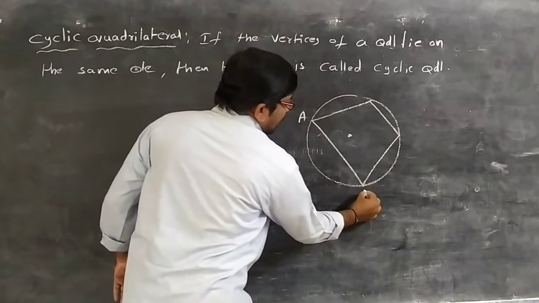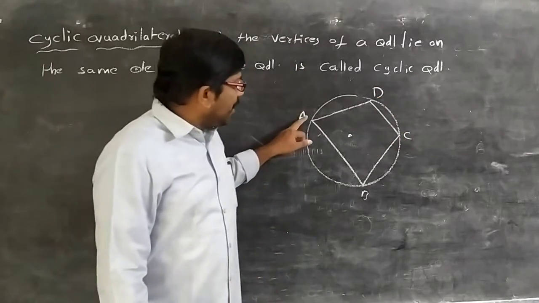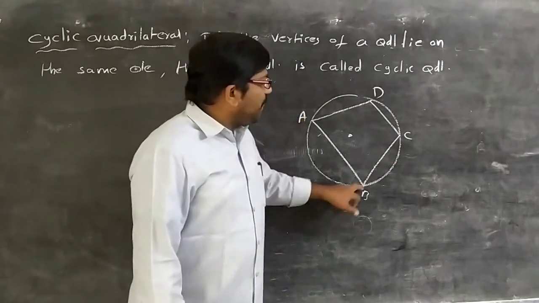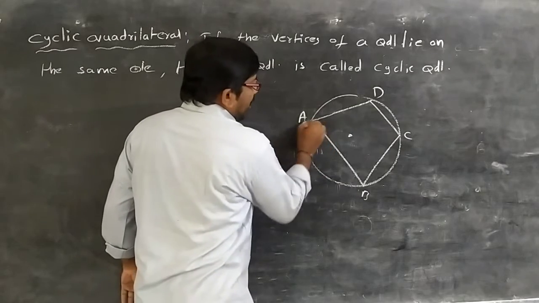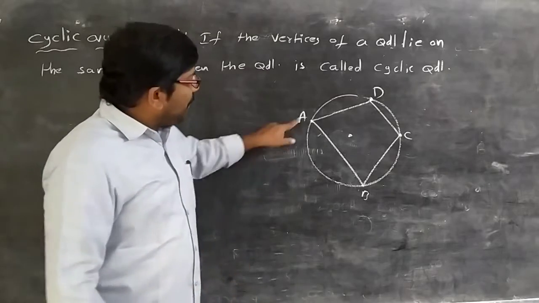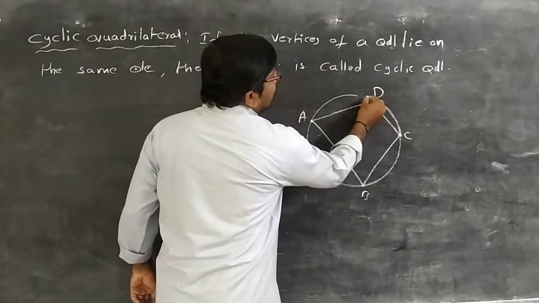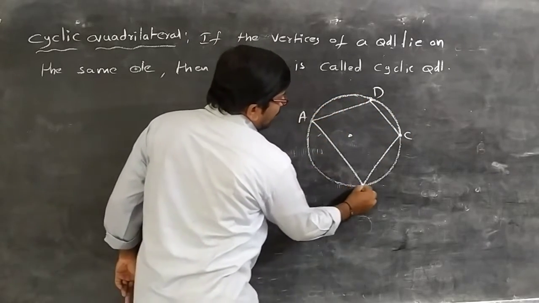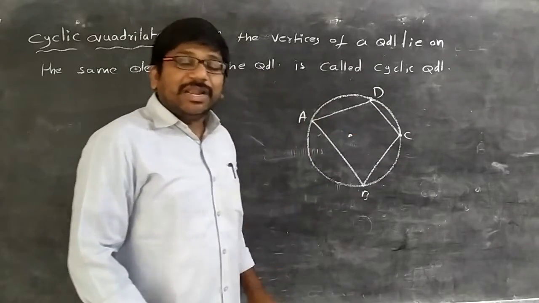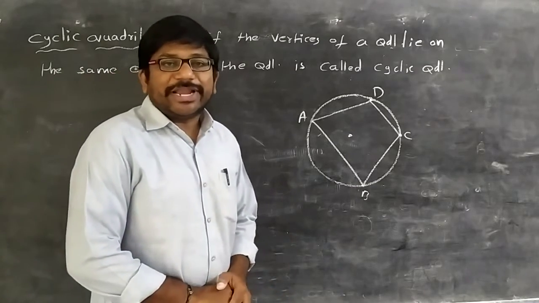Here ABCD is a quadrilateral, so it has 4 vertices: vertex A, vertex B, vertex C, vertex D. If the 4 vertices of a quadrilateral lie on the same circle, then the quadrilateral is called a cyclic quadrilateral, right?